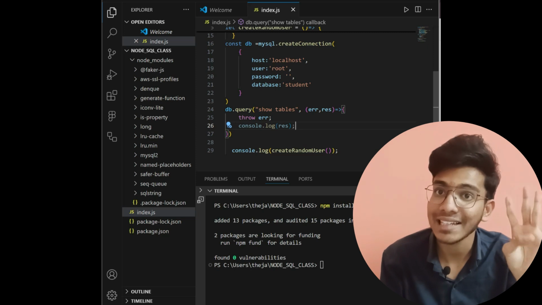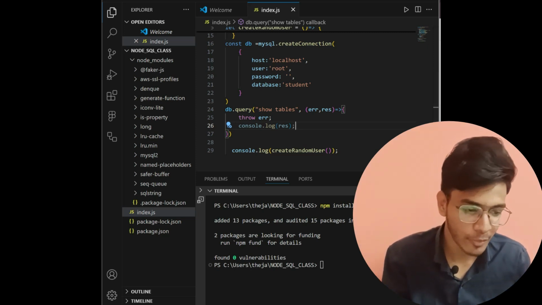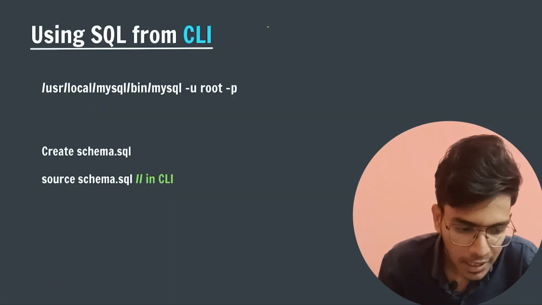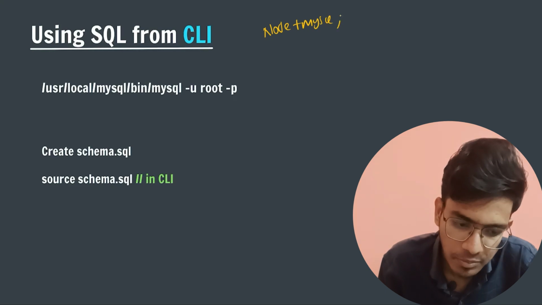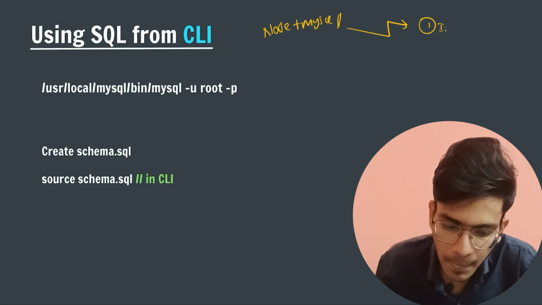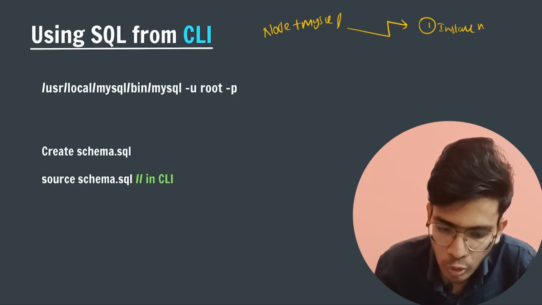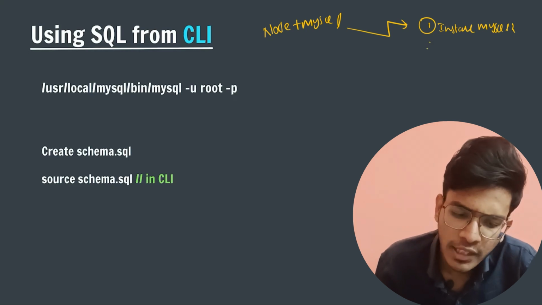This is one method. We have 4 different methods, so let me discuss all these 4 methods. For connecting our node application with MySQL, the first type is to install MySQL2, and after installing MySQL2 you follow the conventional method.